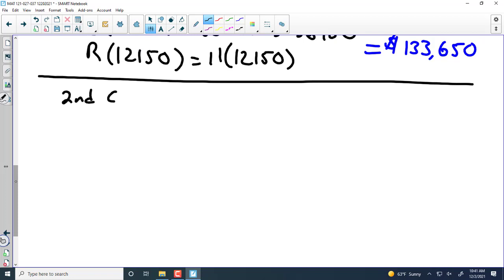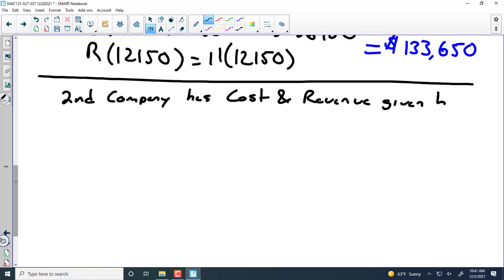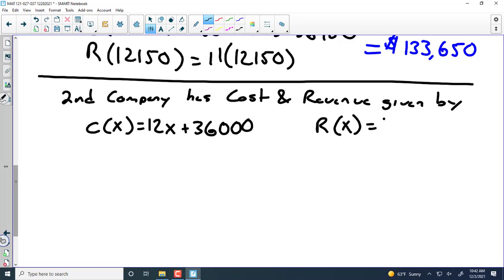A second company has cost and revenue given by that cost and revenue function. The way the cost and revenue functions are constructed, everyone, is very similar to the previous problem.